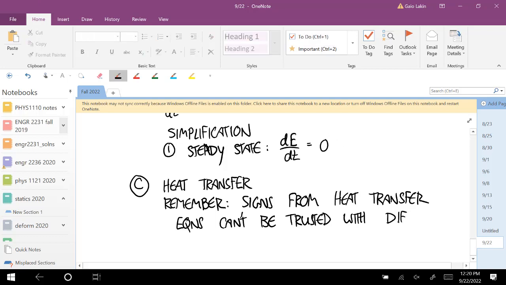And really, you'd use this, I guess, with the differential form of the first law. So the signs you get out of the heat transfer equations, you then have to think about whether energy is being added to your system or removed from your system, and then use our usual sign convention.